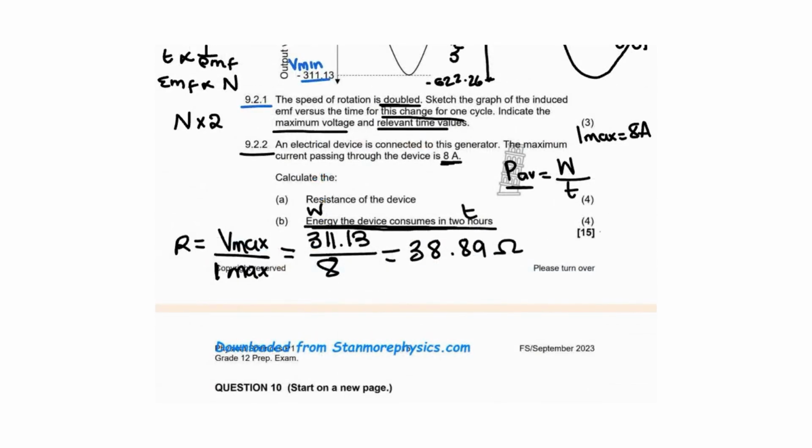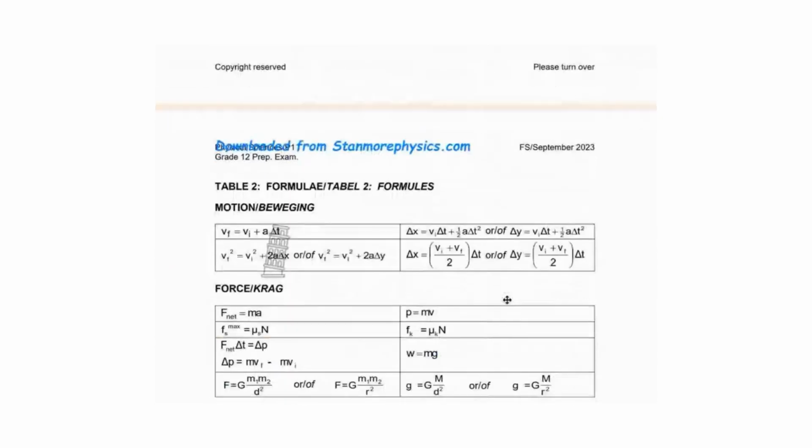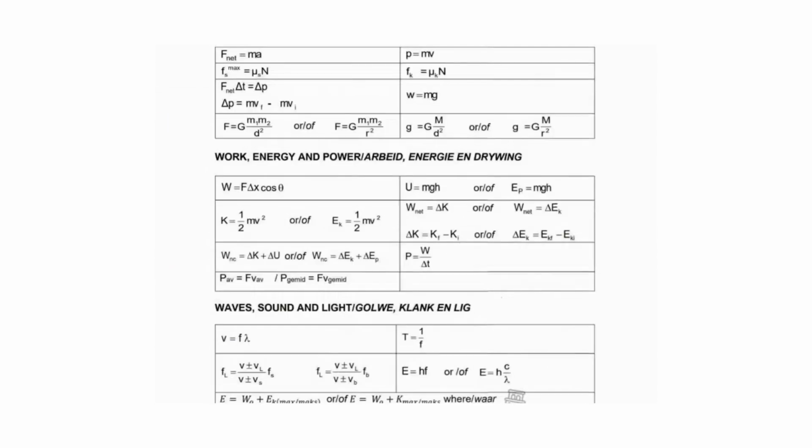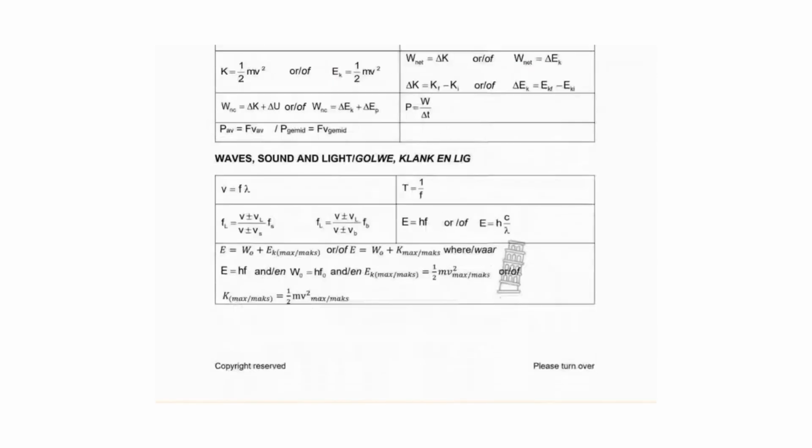So now finding P average, I need to separate that. P average, we had said it's IRMS squared times R. And then remember, IRMS, guys, according to the formula sheet, I need to scroll down further.